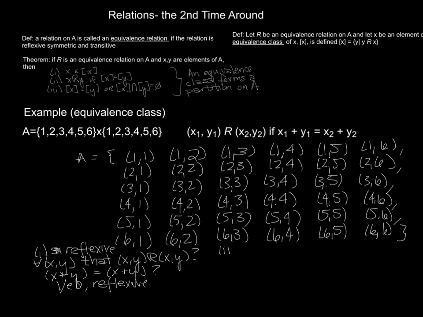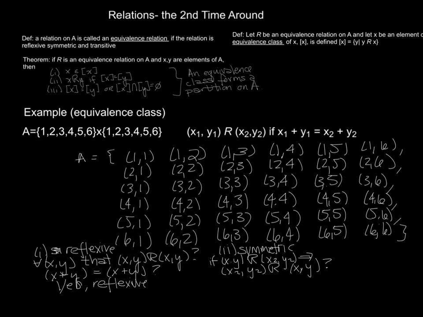We can verify this relation is symmetric. So if x1, y1 is related to x2, y2, does that imply that x2, y2 is related to x1, y1?